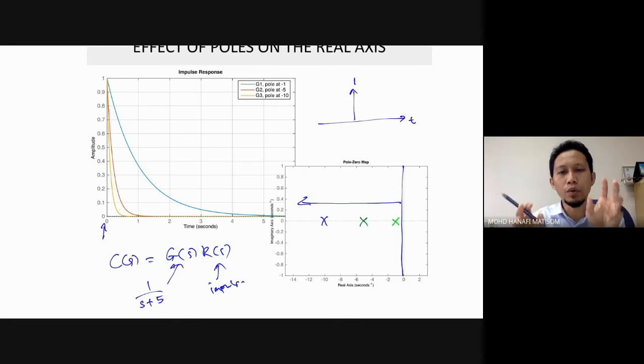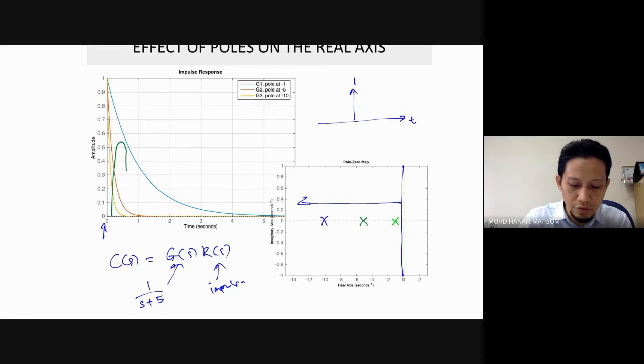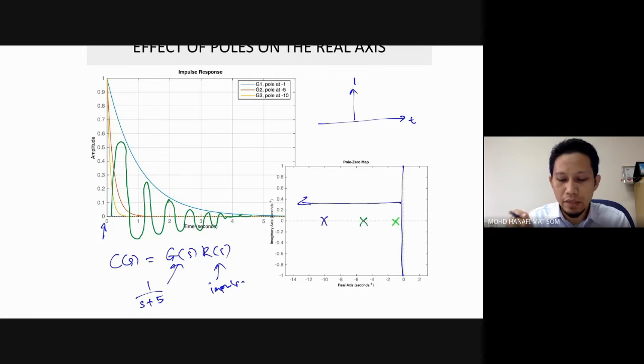So if you have both the real axis and the imaginary axis, it creates oscillation plus decay. So what you have is something like this, the oscillation will be restricted by the value of the poles at the real axis, something like this.